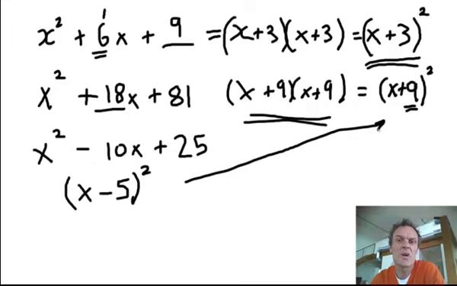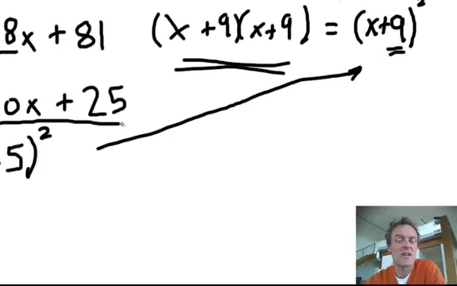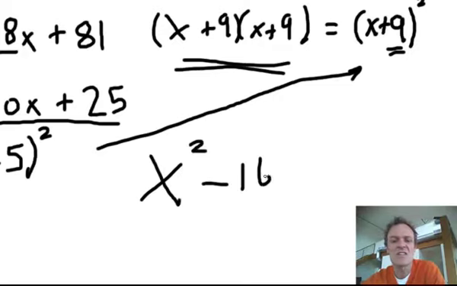You've just completed the square. You've formed a perfect square trinomial, and you factored it. Give me even numbers for now. Okay, x squared minus 16x. If I need to add the number on the end, what's half of 16? It's 8.